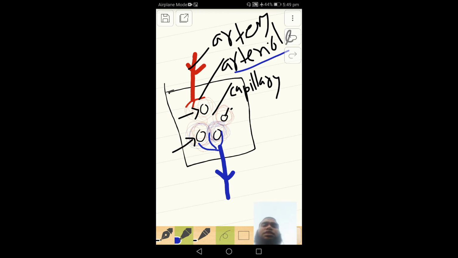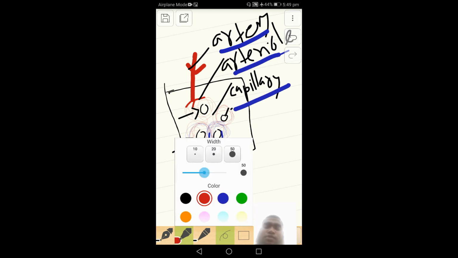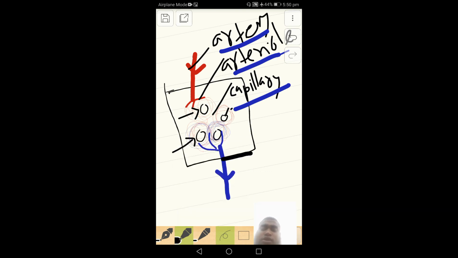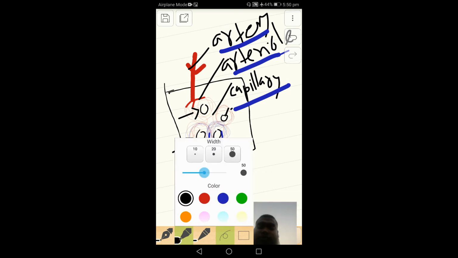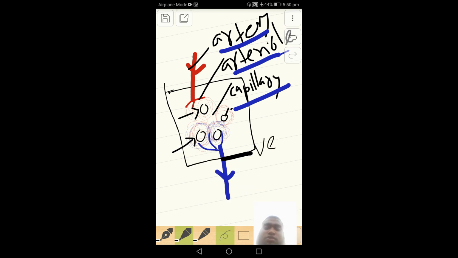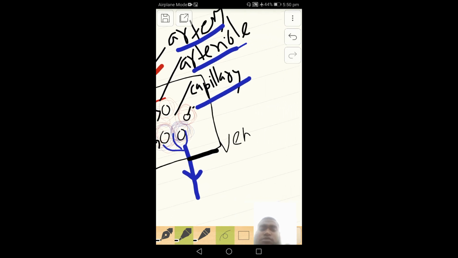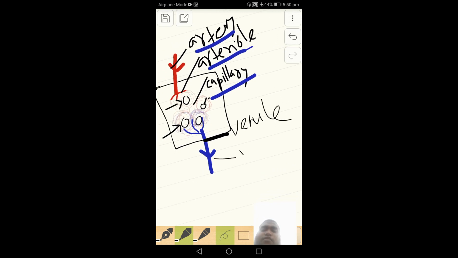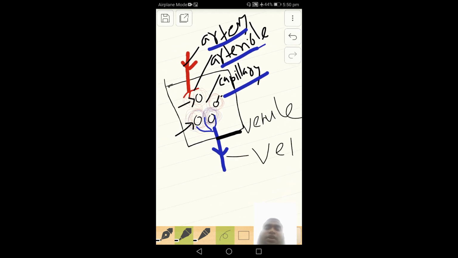The sequence is first the artery, then the arteriole, then the capillary, then the venule, and then the vein.